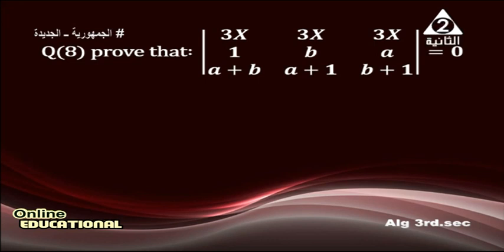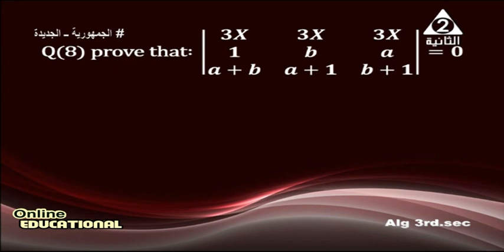Look at, my dear student, when the determinant equals 0. Someone may ask when the determinant equals 0. The determinant equals 0 if one row's elements, or one column's elements, are all zeros.